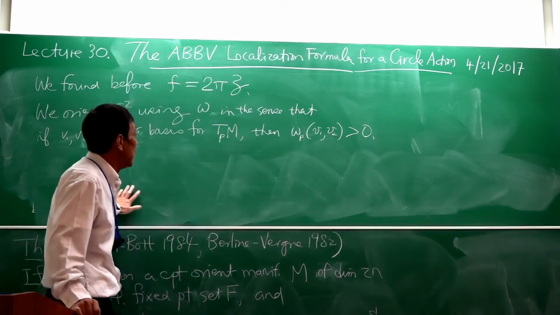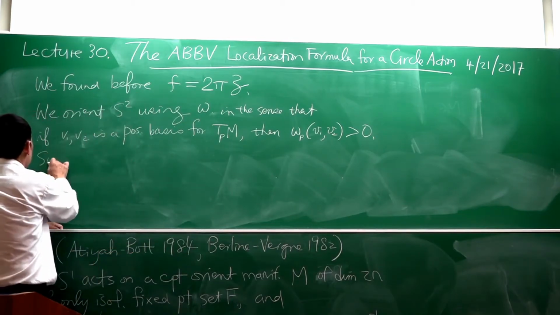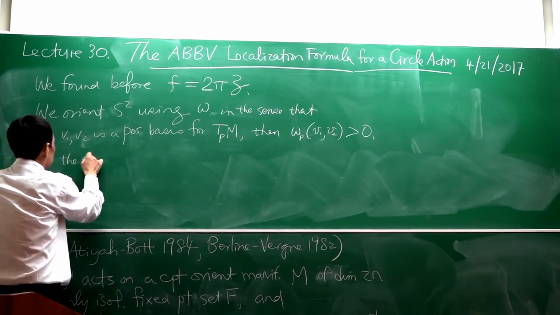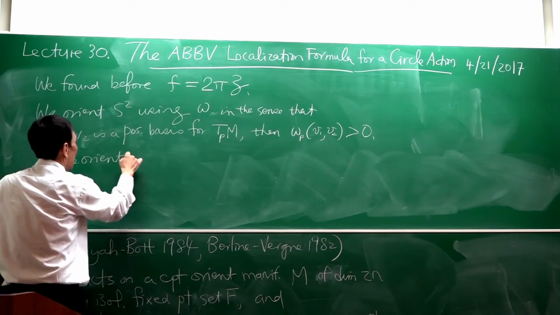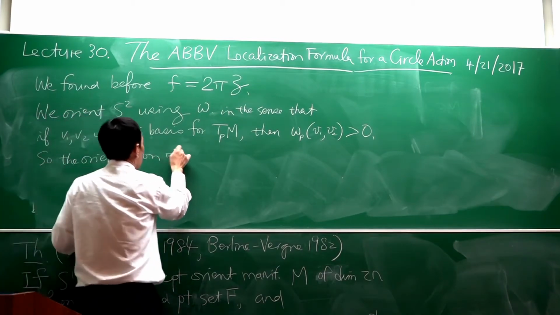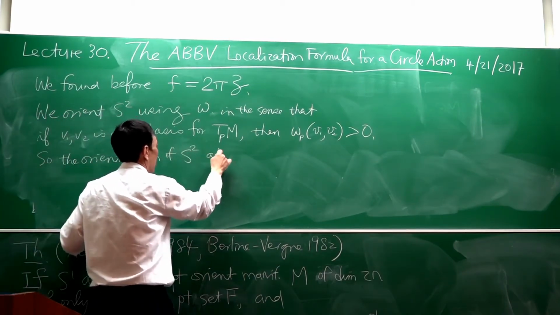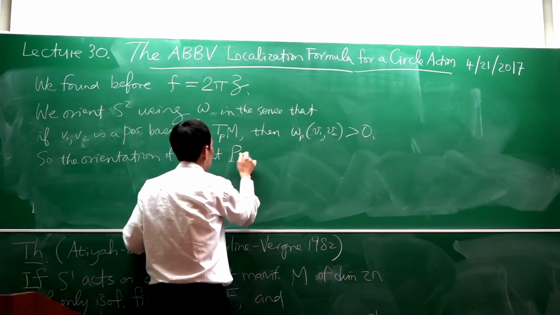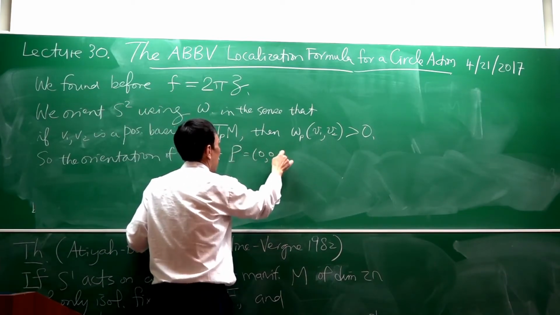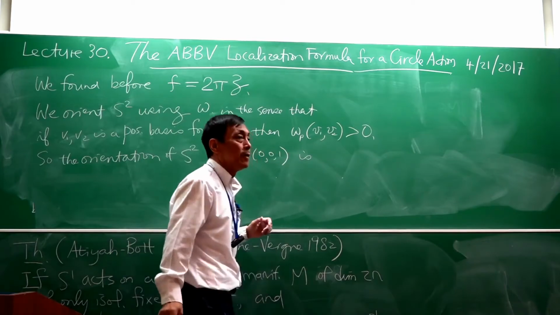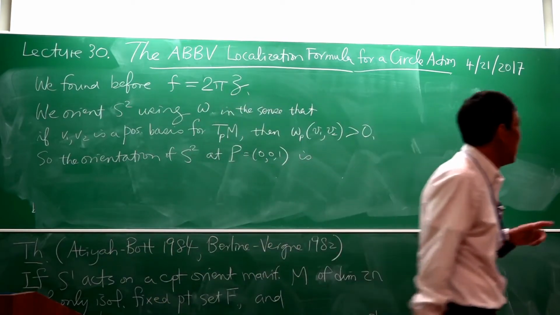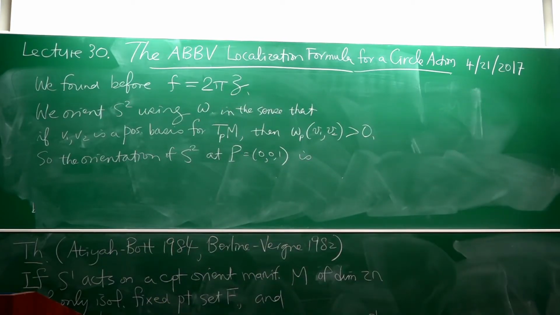And so the orientation of S2 at the North Pole: at the North Pole, x and y are 0, so it's just dx wedge dy.